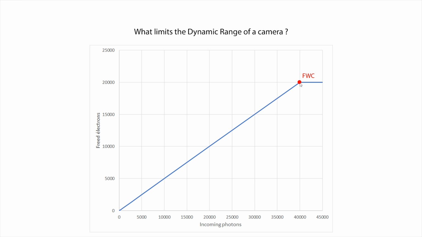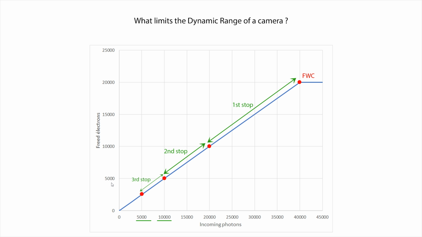Let's say we remove 1 stop of light. Okay, so we arrive here. We have now halved the amount of photons arriving, and thus we have half the amount of freed electrons. Now, second stop, we divide by 2 a second time, so we arrive at 5,000. Third step, 2,500, and so on and so forth.